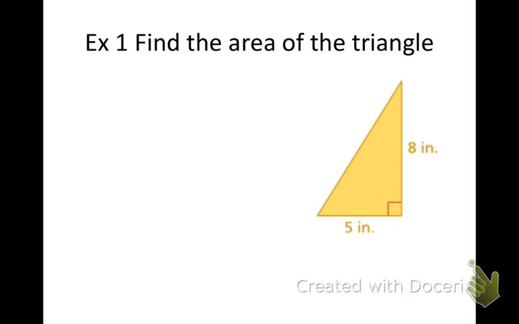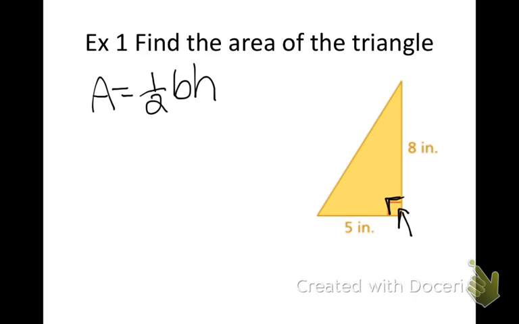Here's our first example. So go ahead and write this down in your notebook. Example 1, I want to find the area of this triangle. So I always write down the formula so that I don't make a mistake. So again, my formula, area equals 1/2 base times height, and we just said that the base and the height form right angles.